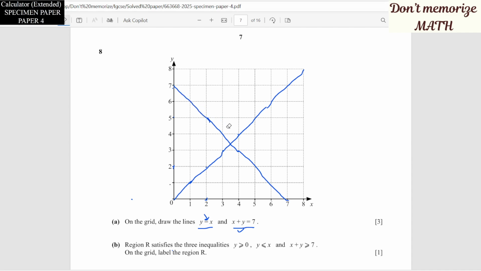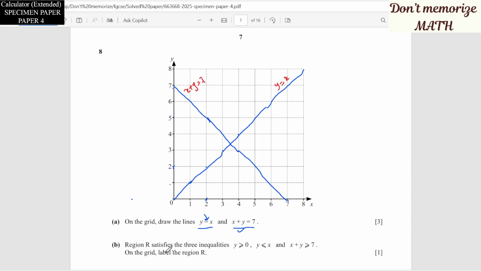Okay. So normally whenever you finish one line, you have to write here, this line is y is equal to x and this line is x plus y is equal to 7. Okay, we'll move to B part.